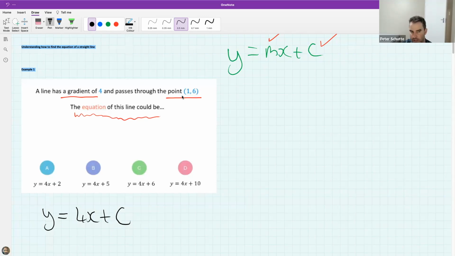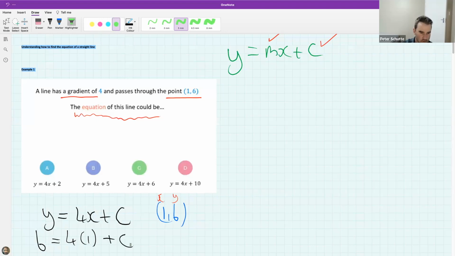In this case, we don't have 2 points, we only have 1 point. And we take that point, and normally we write it next to the straight line. And then we sub that point into the equation of the straight line. So since this is x and this is y, we are going to get a 6 here, and we are going to get a 1 here.